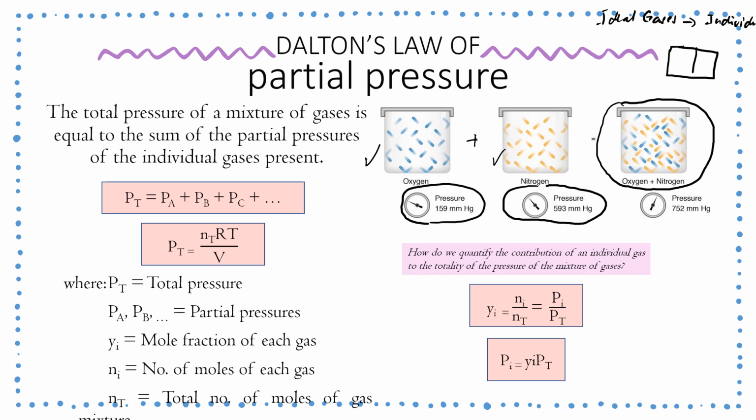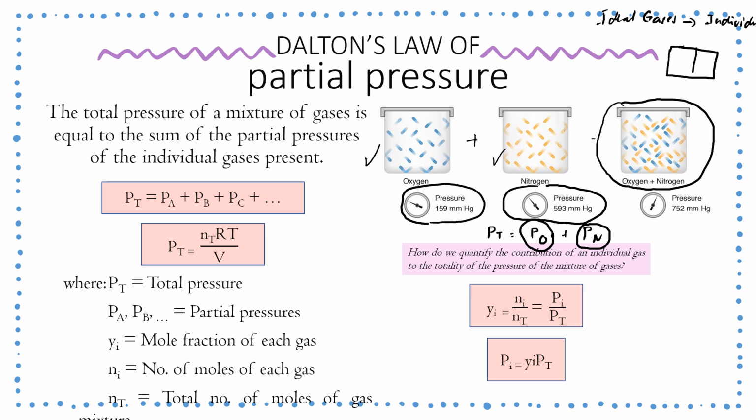So we have total pressure is equal to pressure exerted by oxygen plus pressure exerted by nitrogen. This pressure is called the partial pressure.